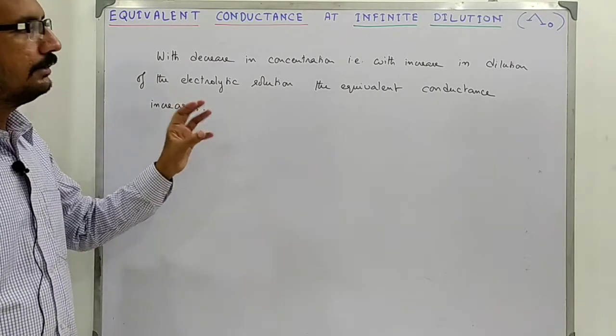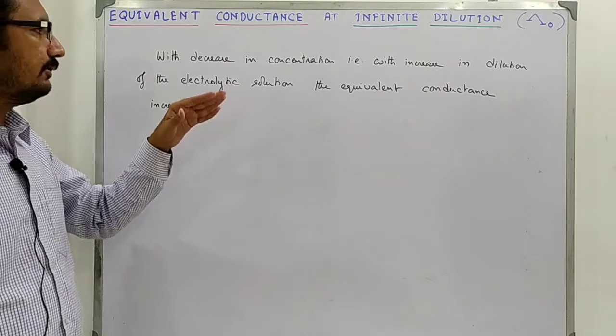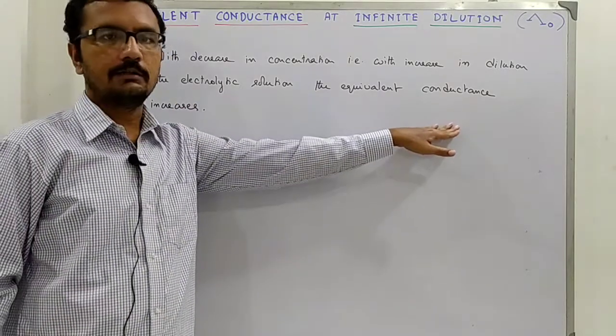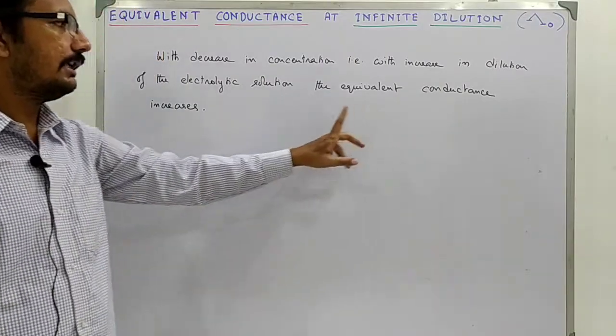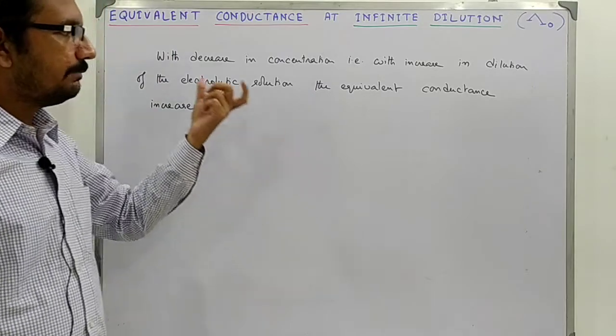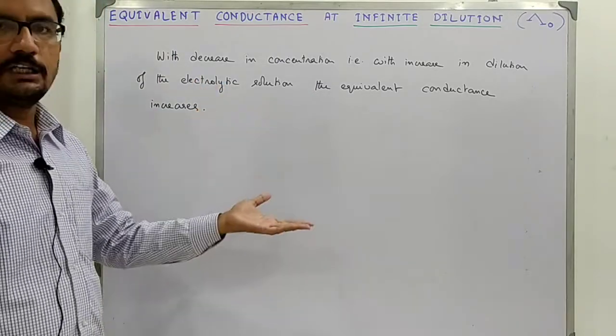we are dealing with 1 gram equivalent of ions while measuring equivalent conductance, and we have to guarantee that 1 gram equivalent of ions must be placed between the two electrodes.